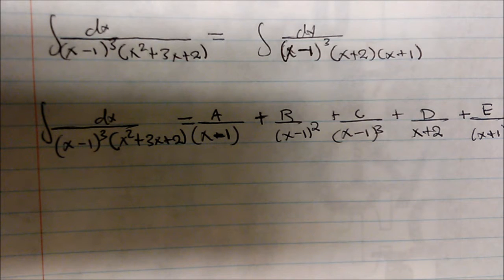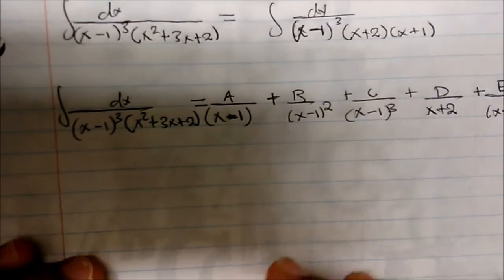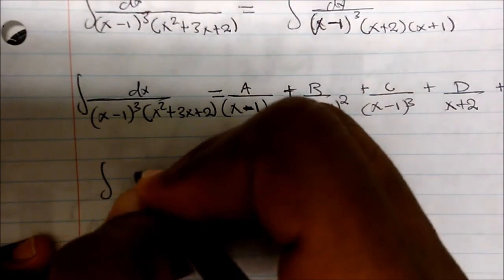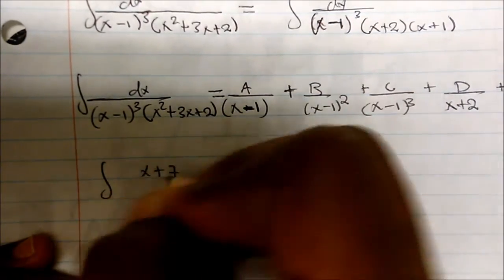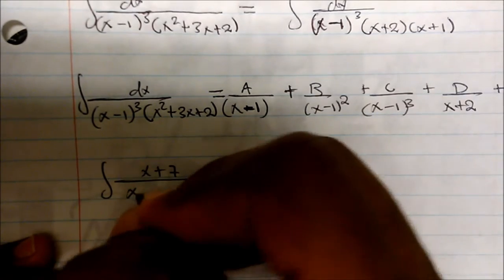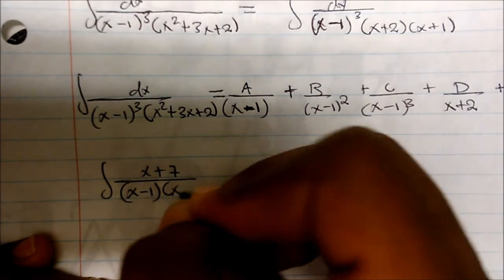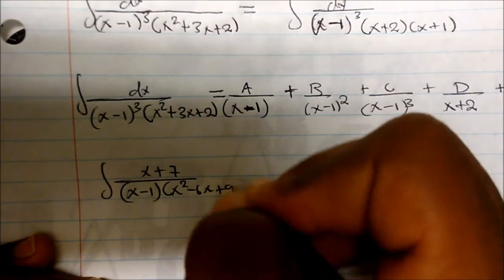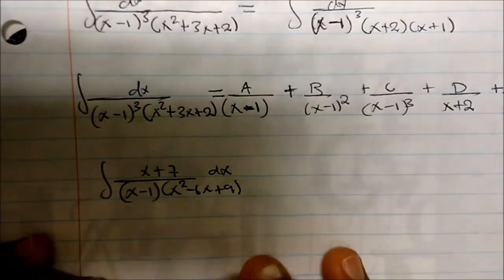Okay, how about this one? How could we decompose this? What if we have the integral of x plus 7 divided by x minus 1 times x squared minus 6x plus 9 dx?